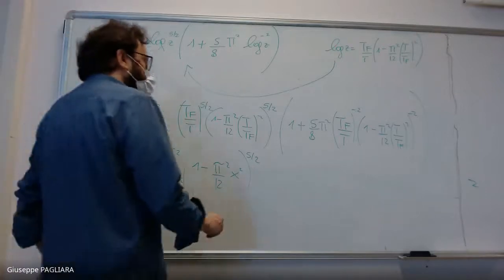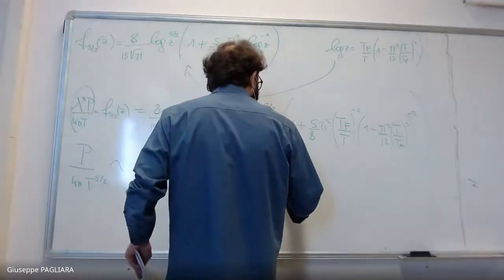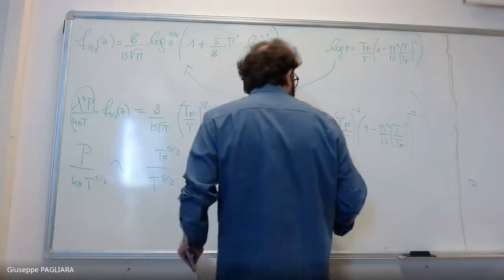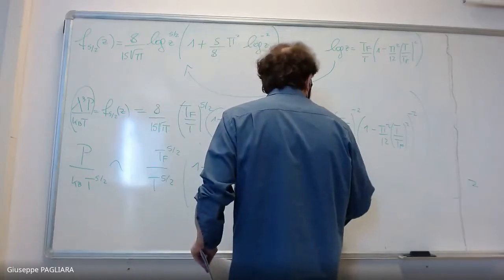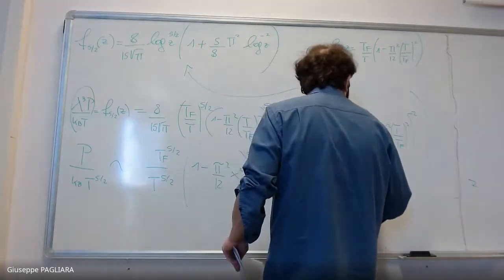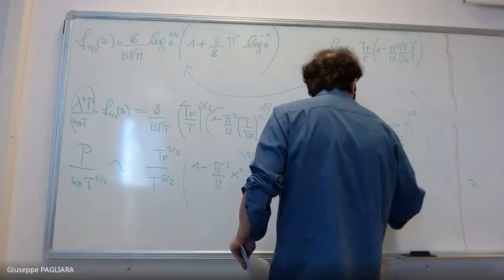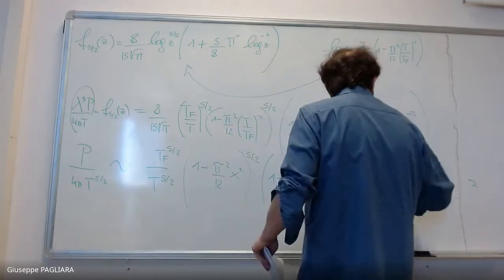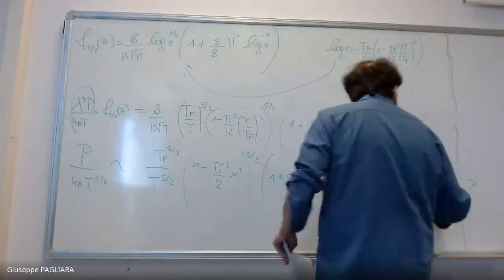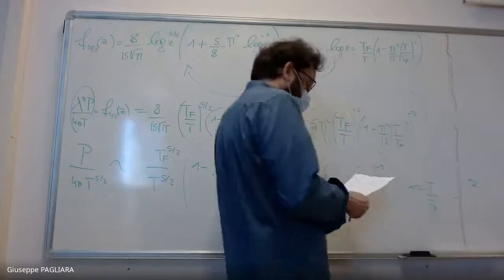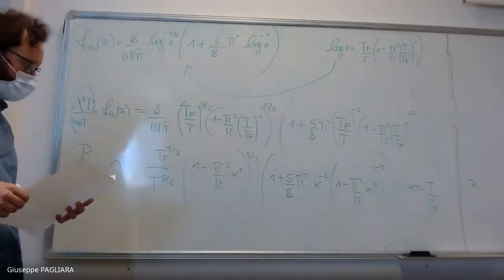And then I have 1 plus 5 divided by 8 pi squared, this is x to the minus 2. Then I have 1 minus pi squared divided by 12, x squared, also to the power of minus 2, where x is defined as T divided by T_F.